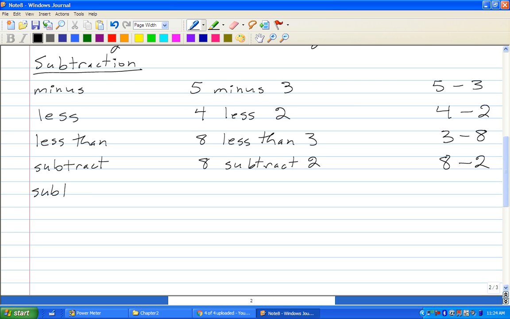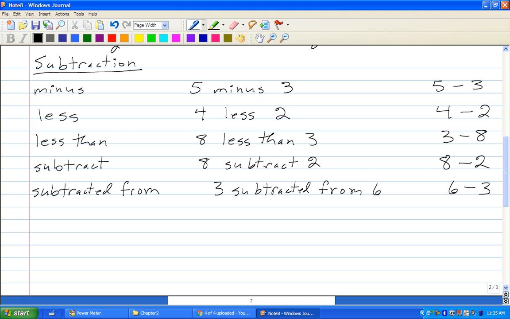Subtracted from: 3 subtracted from 6. Again, the from changes the order in which you subtract.